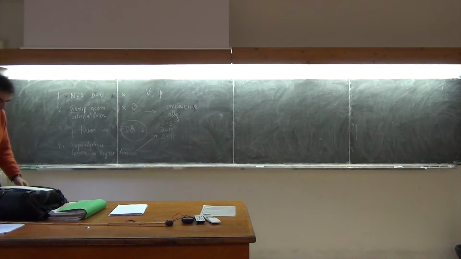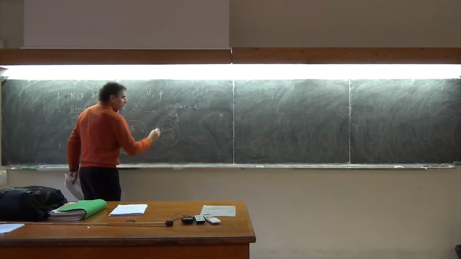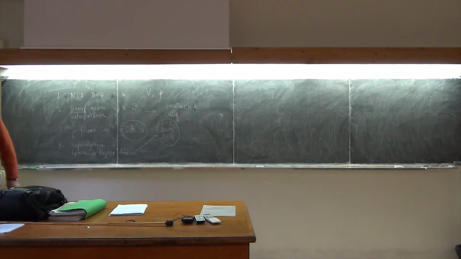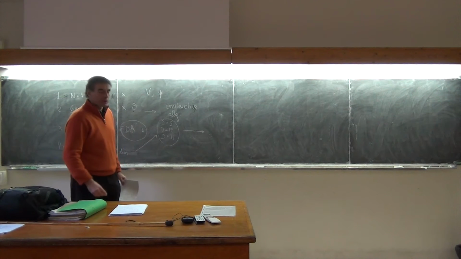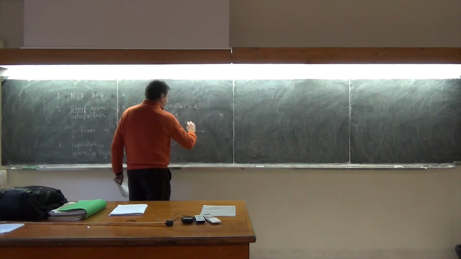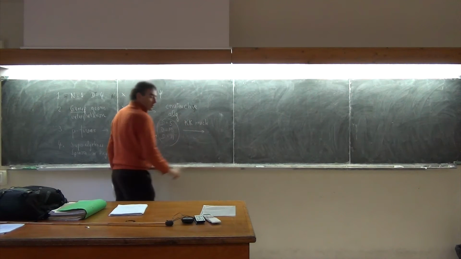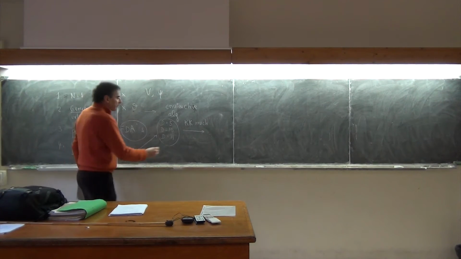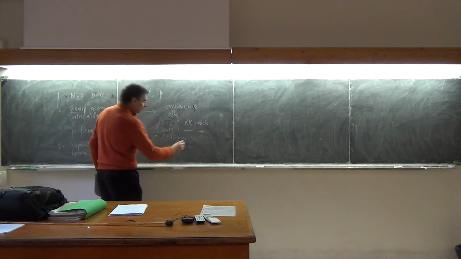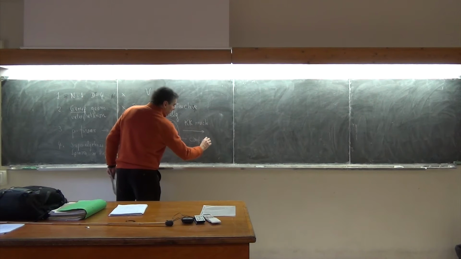And finally, once you have theories in higher dimensions, you would like to see what they look like in 4 dimensions from the point of view of a 4-dimensional observer, and this will then necessitate some little discussion on the Kaluza-Klein mechanism for the reduction of a higher dimensional theory to a 4-dimensional theory. In particular, we will take as examples compactifications of D equal 11 supergravity to D equal 4.